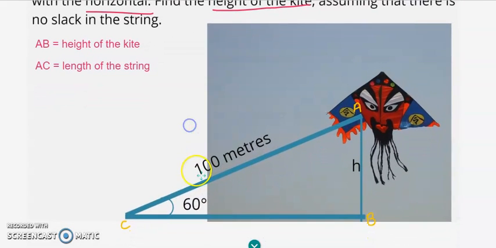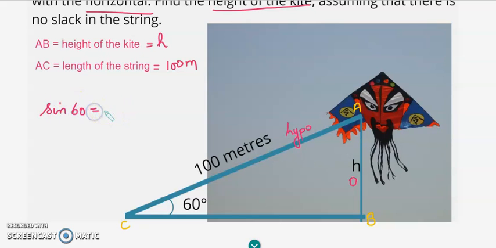So here AB is the height of the kite. AC is the length of the string, which is given to be 100 meter. In this case, H is the opposite side and 100 meters is the hypotenuse. So which trigonometric ratio will we be using here? Opposite upon hypotenuse? Yes, sine.